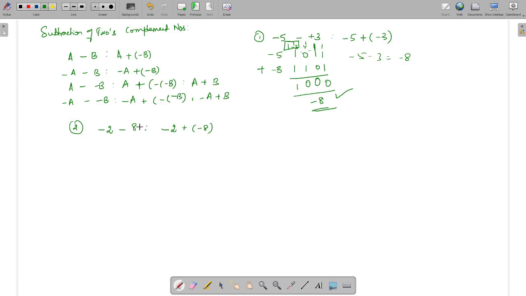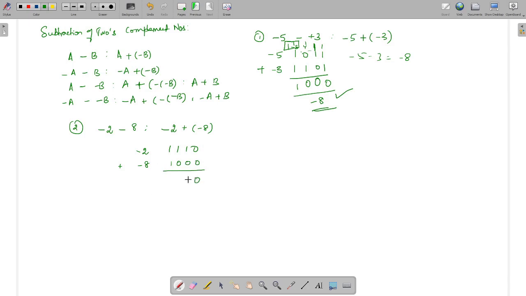Minus 2 is 1, 1, 1, 0, plus minus 8 is 1, 0, 0, 0.